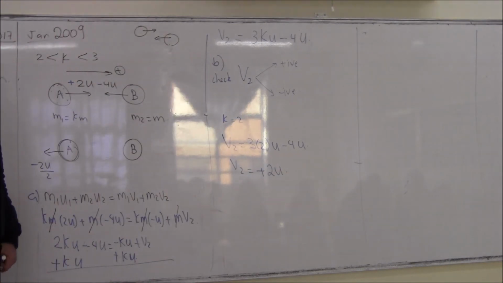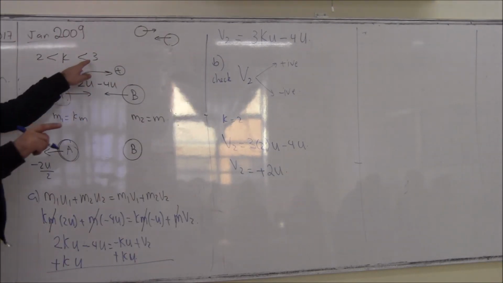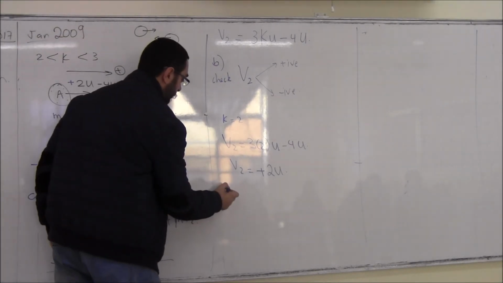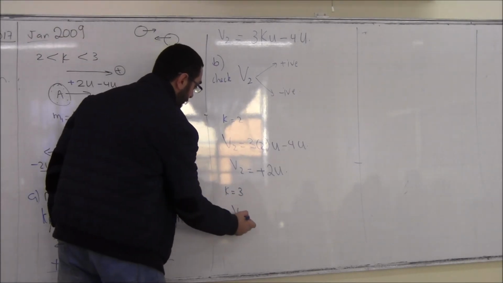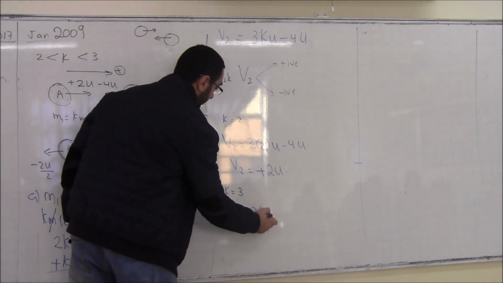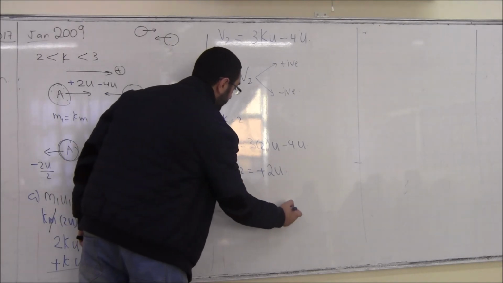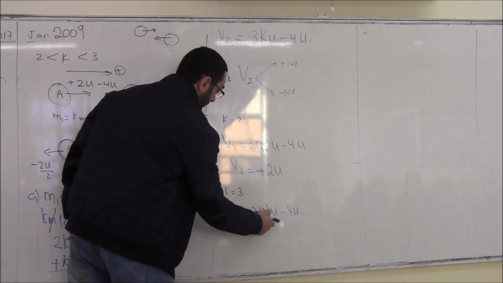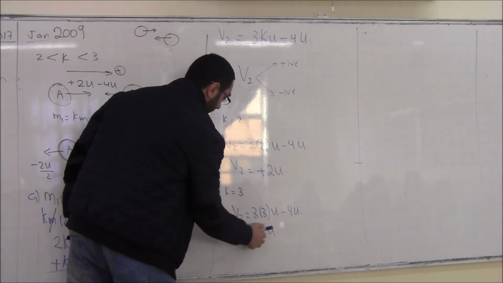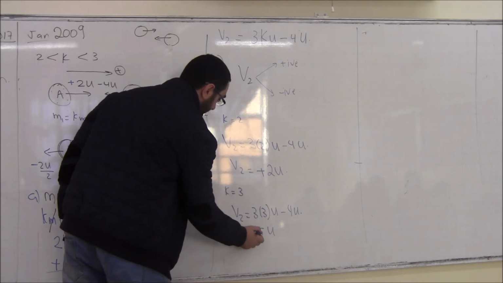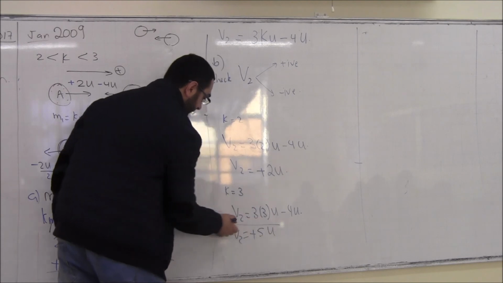Now substitute K equals 3. V2 equals 3 times 3u minus 4u, which is 9u minus 4u, 5u. Both values are positive, right?